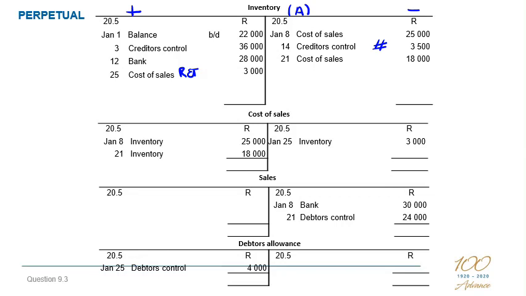I would also have corresponding entries in the expense account for cost of sales whenever I sold to either debtors or cash. So can you see we have a cost of sales entry for my sales there, cash sales on the 8th, as well as for my credit sales on the 21st.